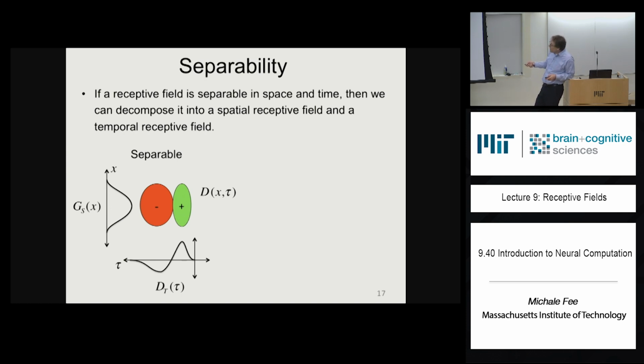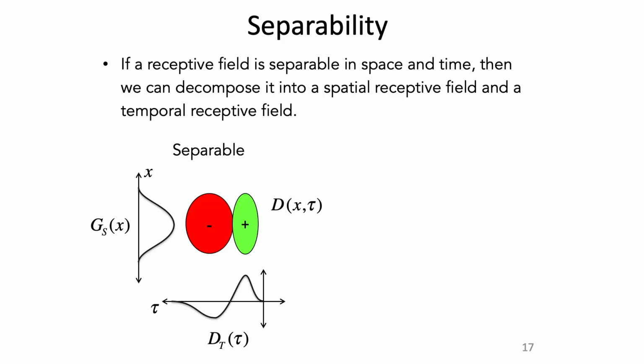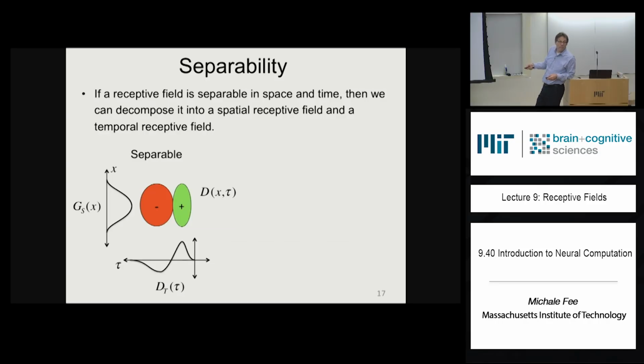So here you have a temporal receptive field that looks like this, a positive lobe here and a negative lobe there, a spatial receptive field that looks like this, just a positive lobe. And if you multiply this function of x by this function of t, you get a function of x and t that looks like this, where at any position, the function of time just looks like this, scaled. And at any time, the spatial receptive field just looks like this. All right, does that make sense?